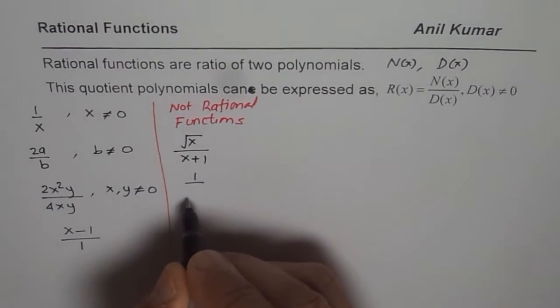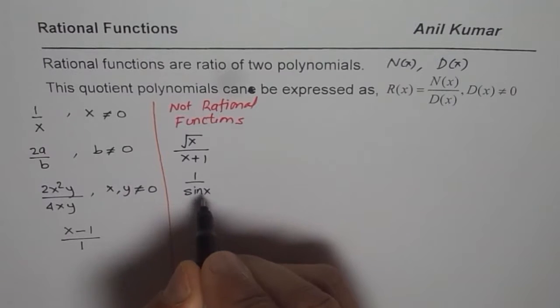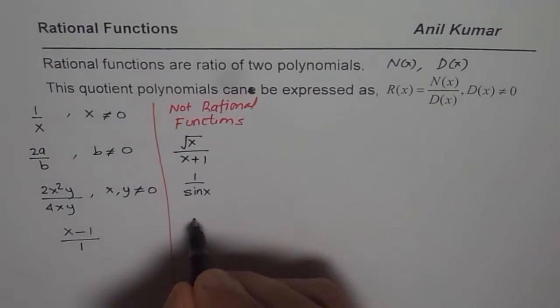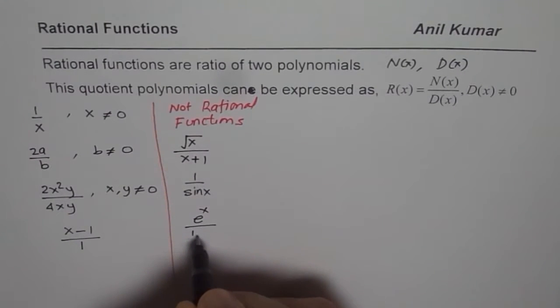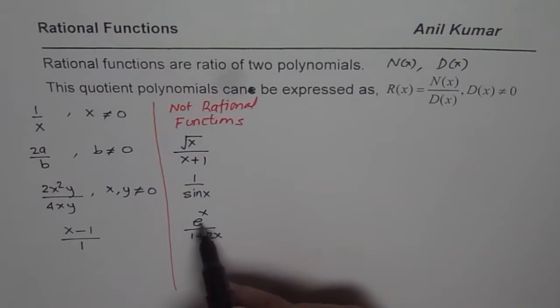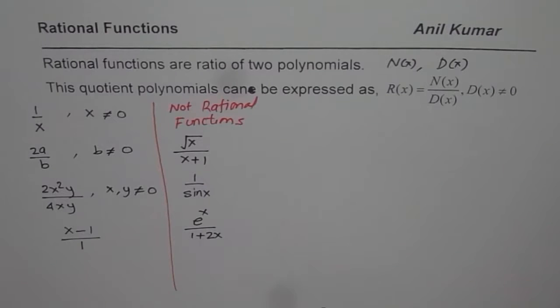If I write 1 over sine x, this is not a rational function since sine x is not a polynomial. Similarly, e to the power of x over 1 plus 2x is not a rational function since e to the power of x is not a polynomial, right? So these are examples of non-polynomials.